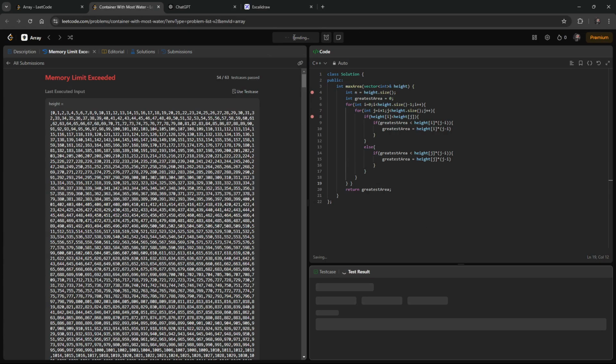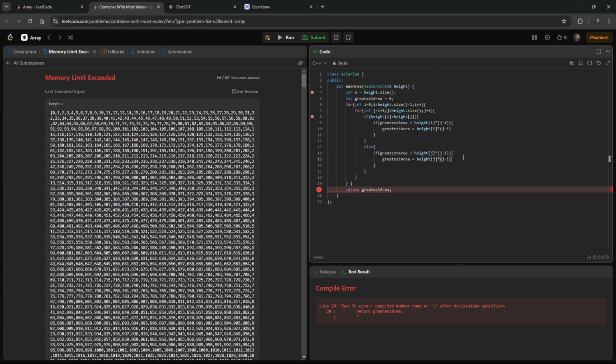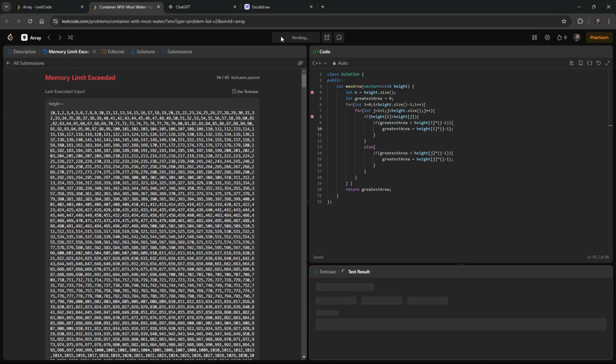Okay, let's run this. I hope it works. But I got an error here because I didn't put a semicolon.